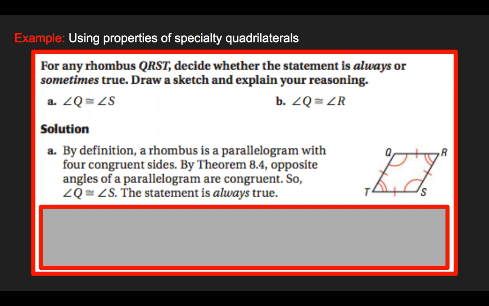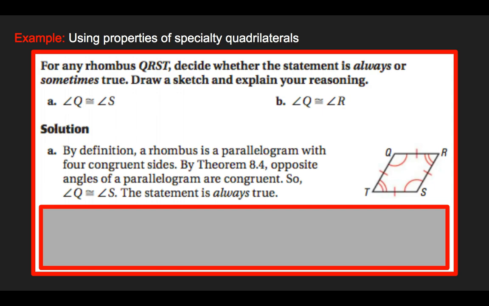And a rhombus is a parallelogram. So this has to always be true, meaning your opposite angles will always be congruent.